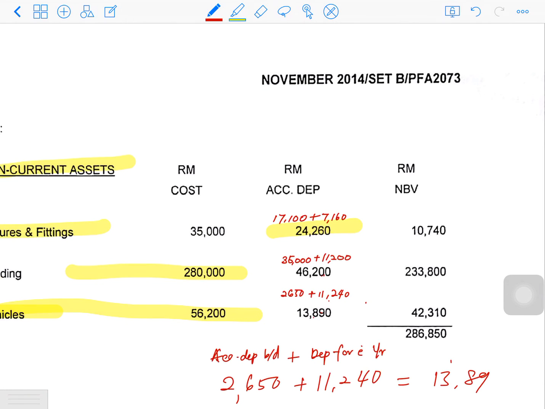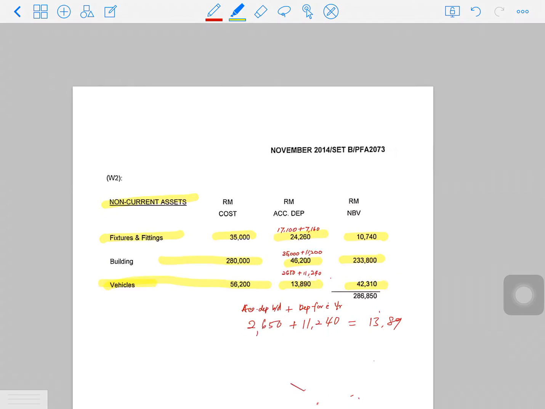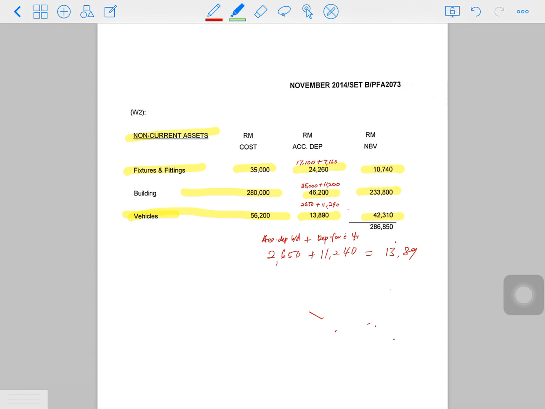So you get 24,260. Okay, you can enter the rest of the figures here. Get the amount. So settle with depreciation and non-current asset.